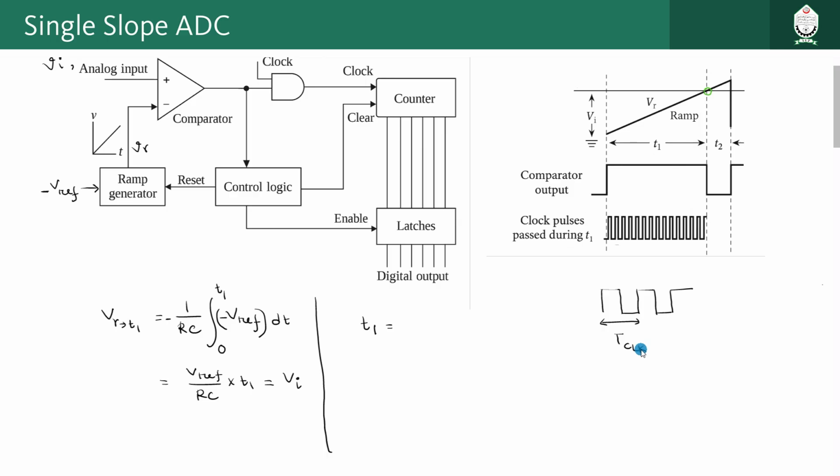So if after this whole T1 duration we have counted up to n, n times, starting from 0 0 0 whatever the initial value was, after each clock pulse we have incremented the value in the counter by 1.